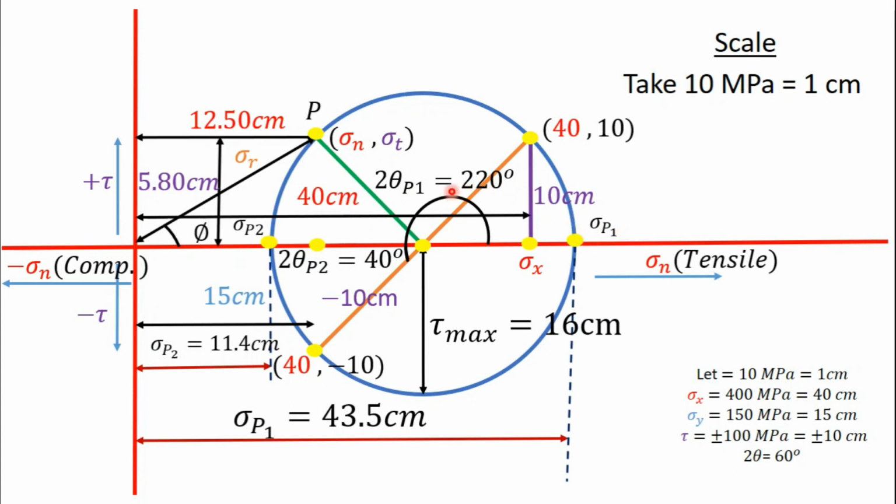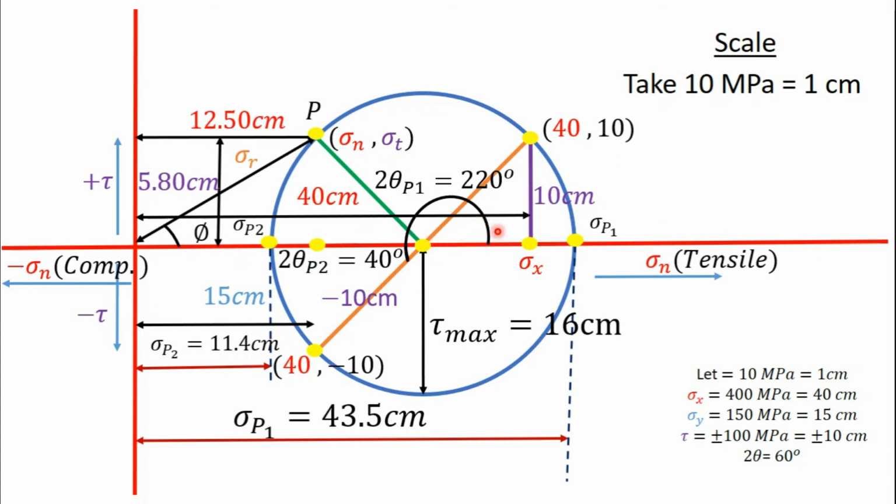Both theta p1 and theta p2 can be found with the help of a protractor, and you can see that the angle between sigma p2 and sigma p1 is always 180 degree in Mohr circle, however in the real element it will be 90 degree.